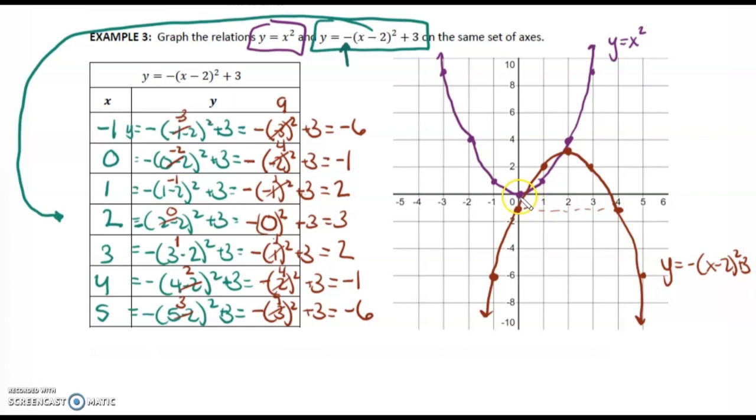And then now, what I'm going to start doing is referencing just the vertex. Okay, so the vertex goes from here and moves to the right 2 units and then up 3 units. Right 2, up 3. And then this is a reflection. So it's a quick check.